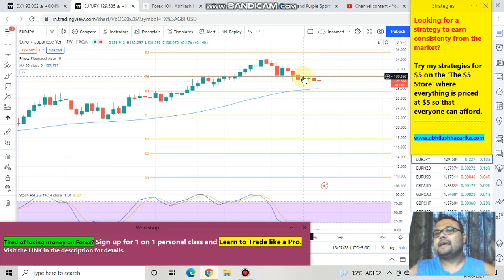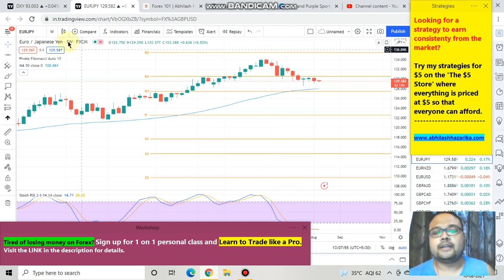It means that at the 130.50 level someone is sitting. Some sellers are present at the 130.50 level and they are not allowing the market to go up. Whenever price is trying to go up, they are just shorting the market. Therefore, you can also short the market at the 130.50 level.